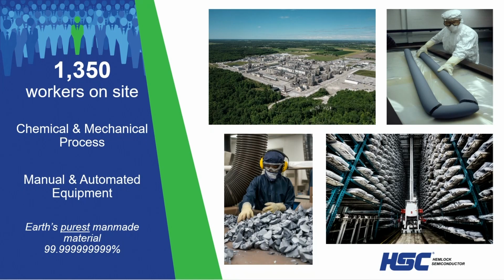And the product is what we would call 11 nines pure. It ends up being the purest man-made substance on Earth. And that's really what you need to be able to make a crystal. But as specific as our company might be to this industry, our drivers are really the same as any of your companies. It's about safety, it's about cost, and it's about quality.